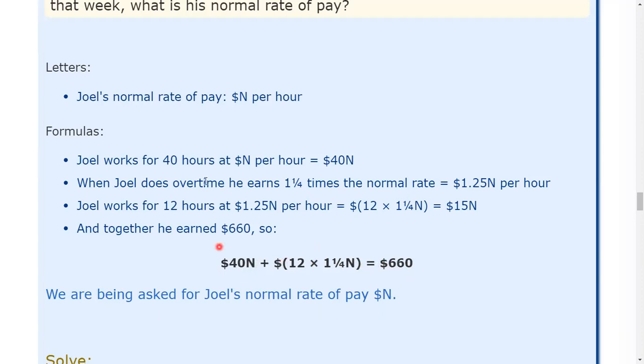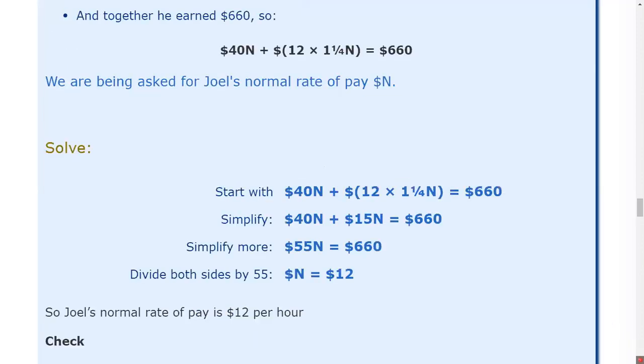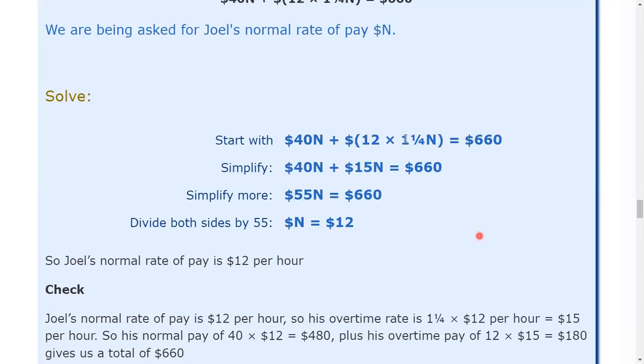We have translated this into the mathematical expression, and we are just looking for this N dollar. Look at this, how we'll solve this. We are starting with this equation after translating the English algebra into the mathematical expressions. So simplify, start with this.